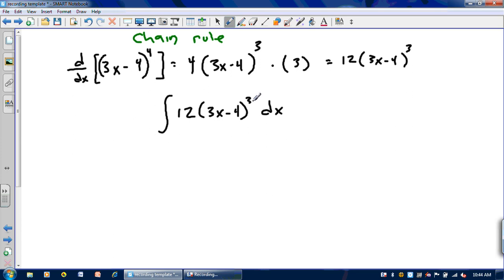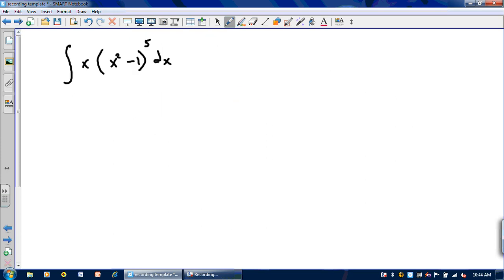In other words, when we find the antiderivative of this, we're going to use a technique called u-substitution. So in a sense, we could say that where the chain rule is used for differentiating a function, u-substitution is used for undifferentiating or finding the antiderivative of those functions. Let's get to an example.